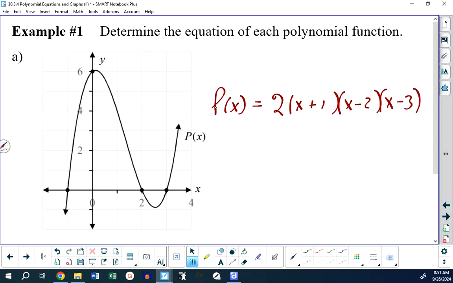I mean, I will tell you right now that the answer to this question is what we have written, okay? And I'll prove it to you in a second. But what I'm telling you is if you stretch this by a factor of 2, it wouldn't change those x-intercepts, would it? Or maybe it's not, but maybe the equation of the polynomial function could be that. That would have those 3 x-intercepts with the corresponding multiplicities of 1, 1, and 1.